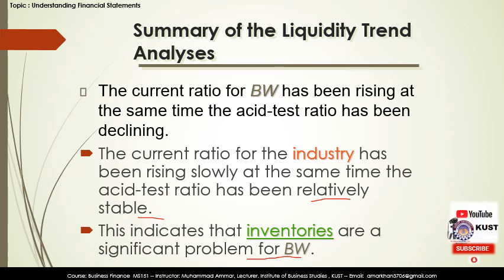In today's lecture we basically talked about liquidity ratios, and in liquidity ratios we talked about two ratios. The first one is the current ratio and the second one is the acid test ratio.